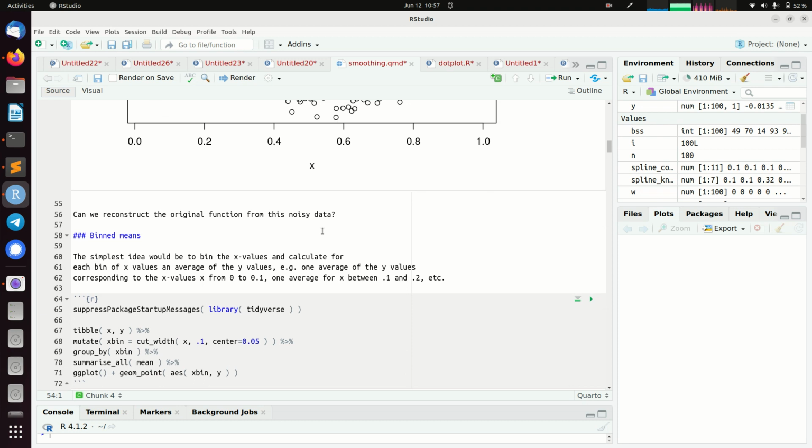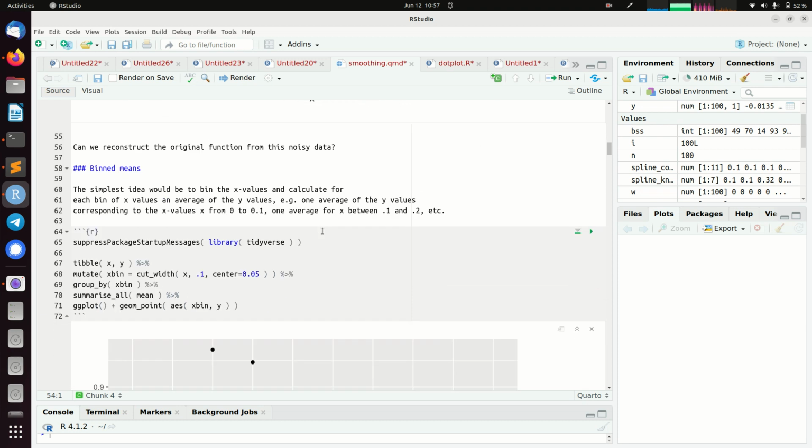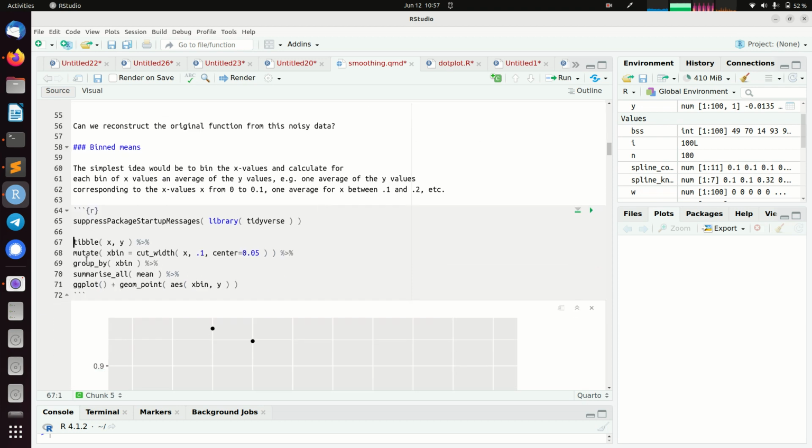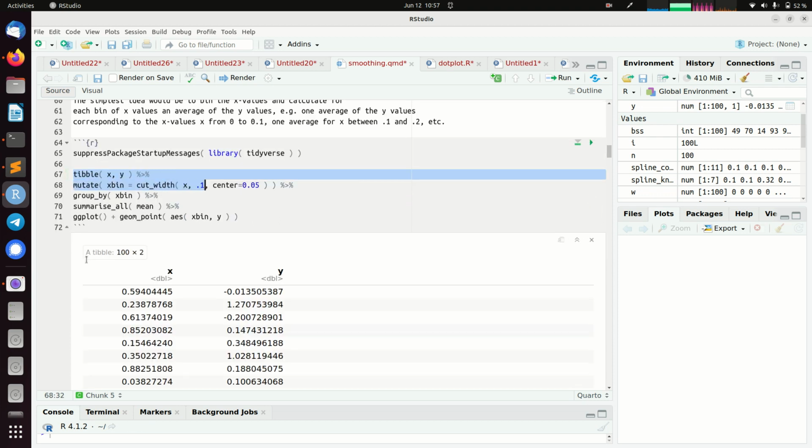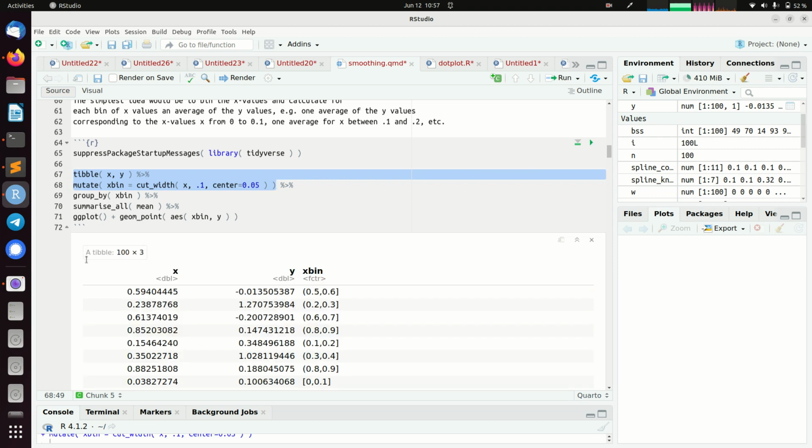Let's start by doing exactly what we've already tried. I make a plot, and I bin the x-axis into 10 bins. This time I cut the x-axis directly instead of always putting 10 points together, but you can imagine that makes the same result because it's uniform.